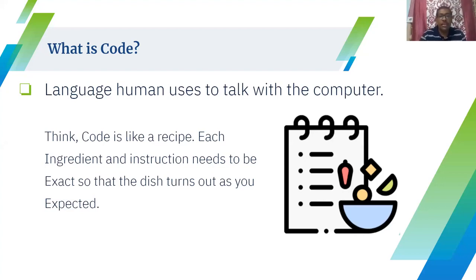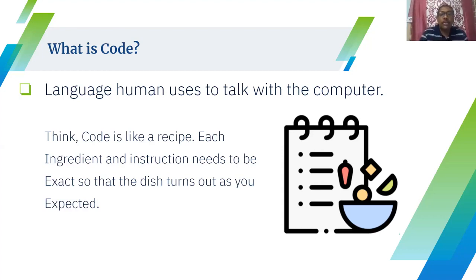Each ingredient and instruction needs to be exact so that the dish turns out as you expected. If your mother prepares it with the proper ingredients and the proper instructions, the dish comes out in a proper manner so that you can love it, right?